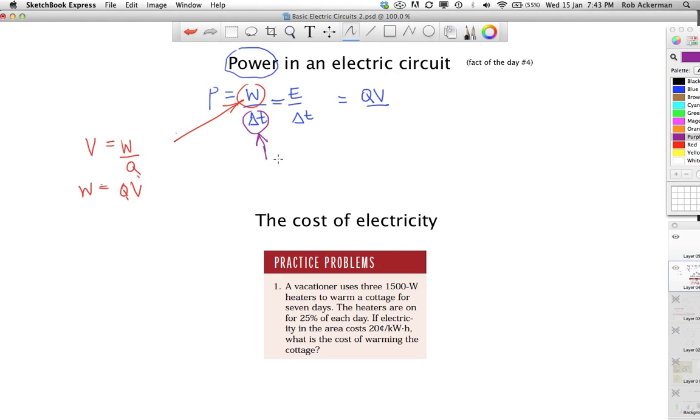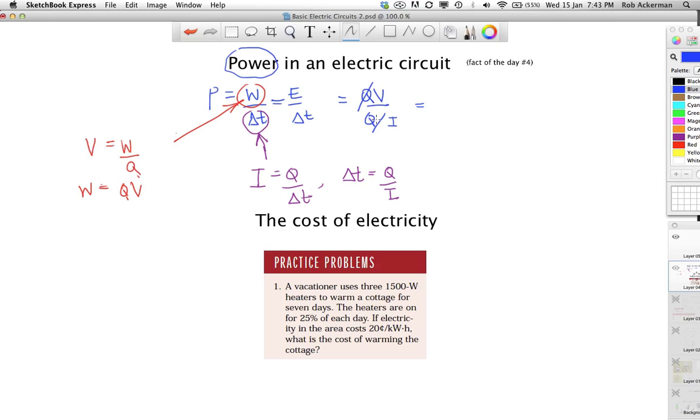The time, how do we get at that? If you recall, the time factor in an electrical circuit is the current. I is equal to Q over delta T. So if I want to isolate delta T, I'm going to get Q over I. So in the denominator here goes Q over I. And then what happens?